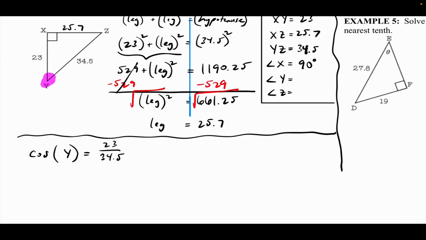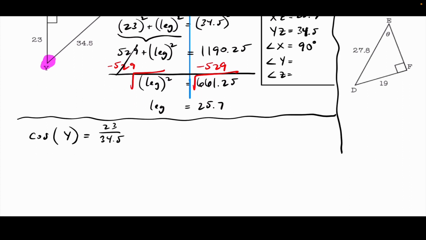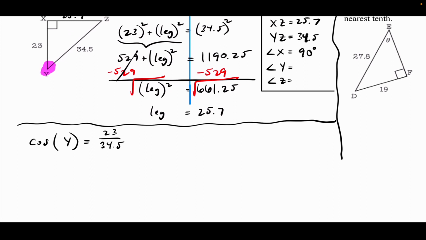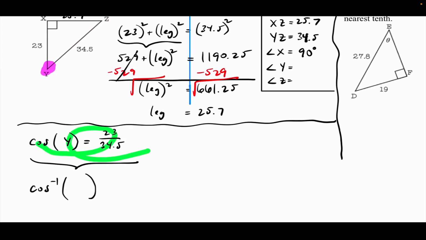Okay, that was step 2. Step 3, loop. Cosine becomes inverse cosine. Fraction comes over here. Y goes over there. Calculator.